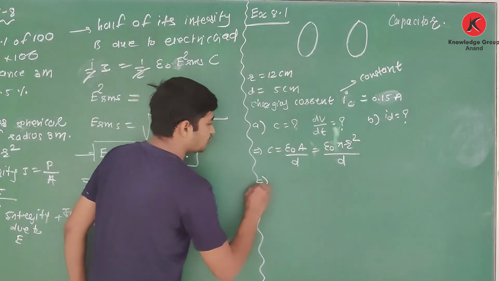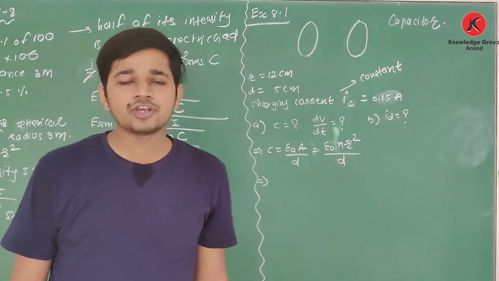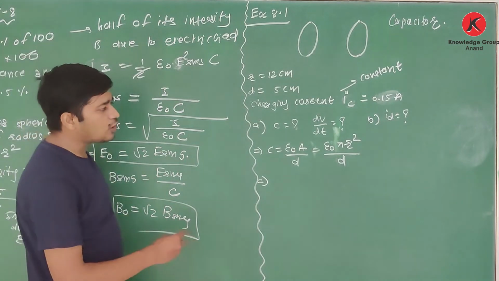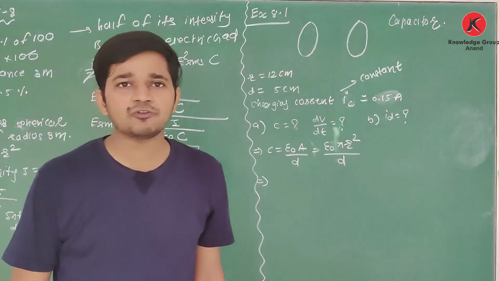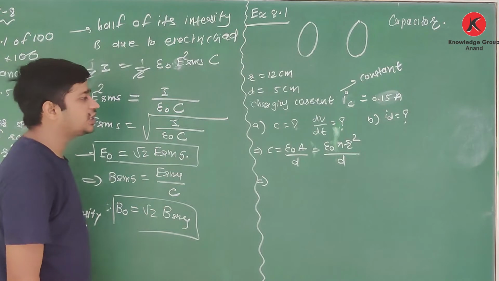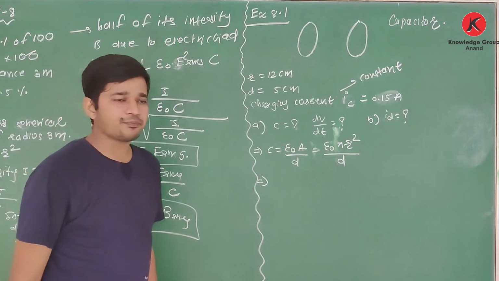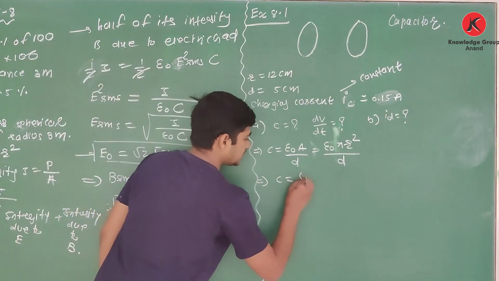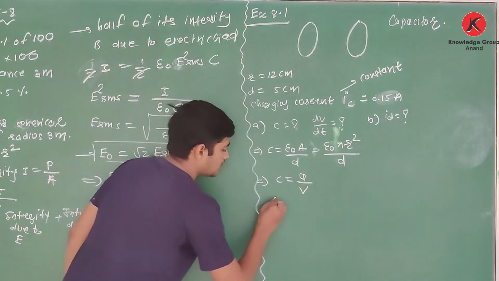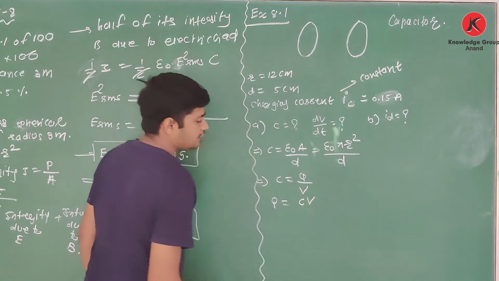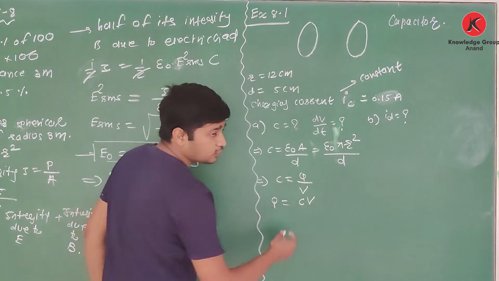In the second question you have to find dV upon dt, the rate of change of potential. Now how to find this dV upon dt? C is equal to Q upon V, so Q is equal to CV. Differentiate both sides with t.